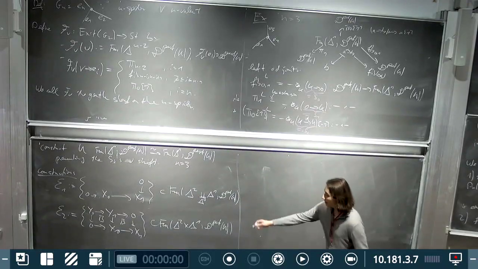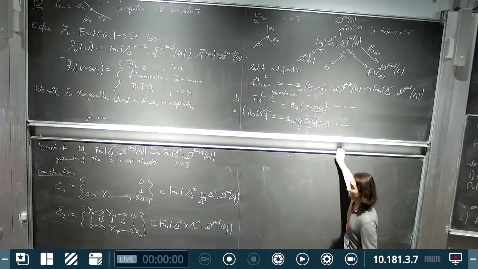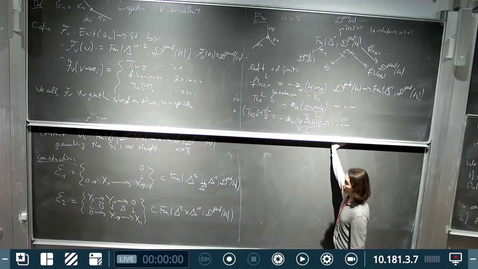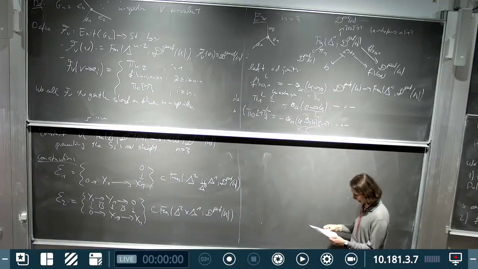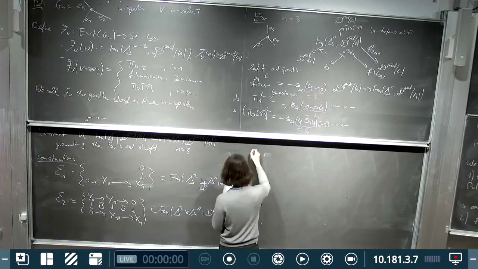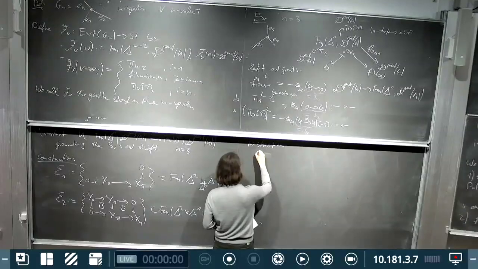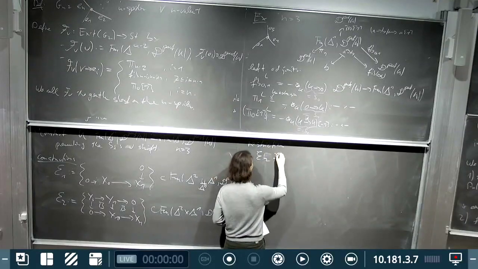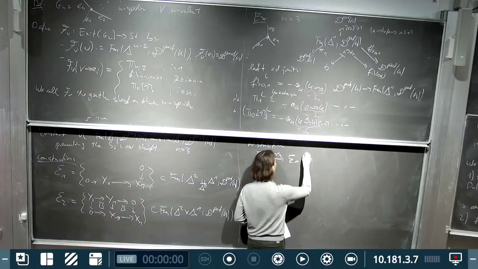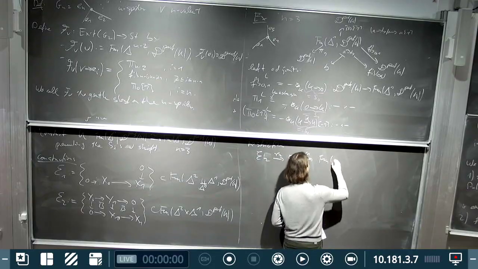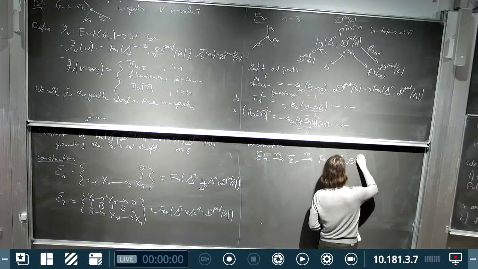It's just a full subcategory of diagrams which have these properties of being bicartesian and having zeros where indicated. And then you have restriction functors from E2 and E1 to functors from Delta^1 to Dperf k.